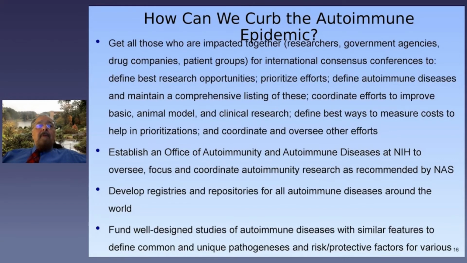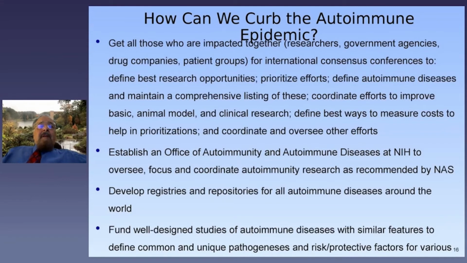And we need to coordinate our efforts in disease and in our basic research, our animal model research, our clinical research, and define the best way to measure costs so we can prioritize our efforts and coordinate and oversee the other efforts I'll be talking about here.